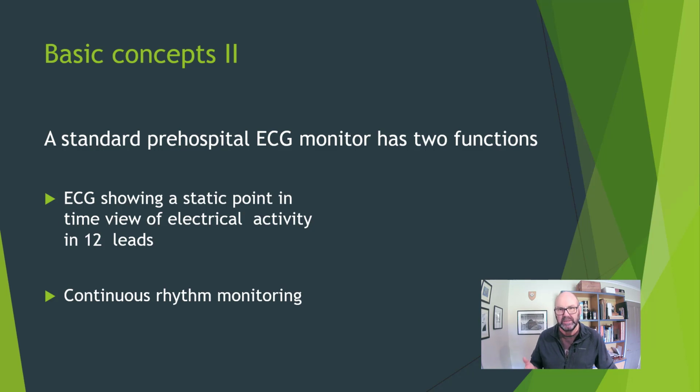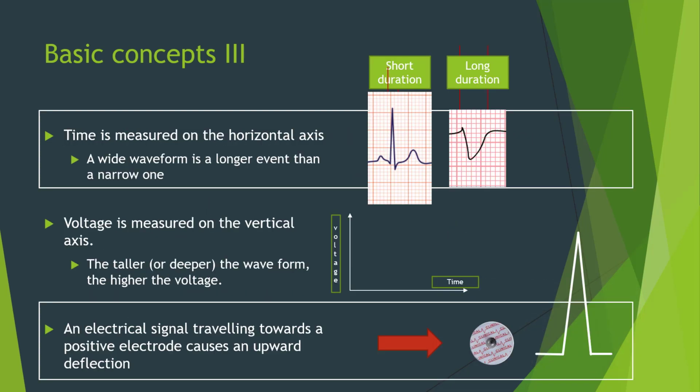The other 6 are the limb leads, and these provide a sagittal or a vertical view of the electrical events of the heart. So, continuous cardiac monitoring is normally achieved using the limb leads, and most commonly lead 2. However, any lead will suffice, and in certain situations, some leads offer a distinct advantage over others.